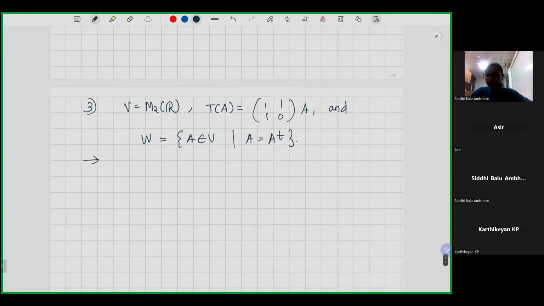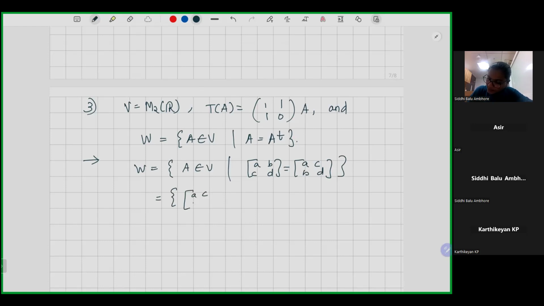So what is your guess? Let me write how W looks. It is A in V such that [[a,b],[c,d]] is equal to [[a,c],[b,d]]. And so if I write it, it is [[a,b],[b,d]] in V where a, b, d belong to R. Any doubts?